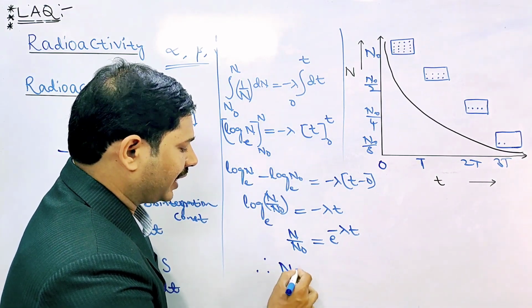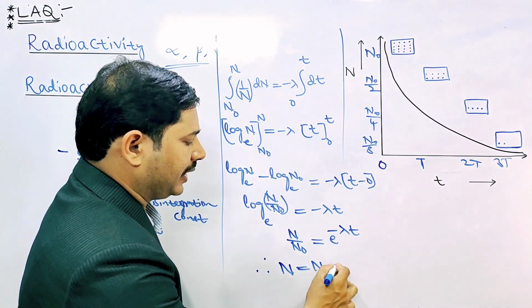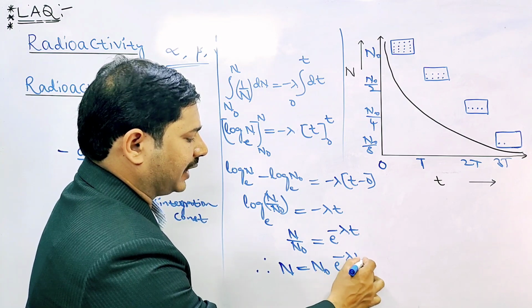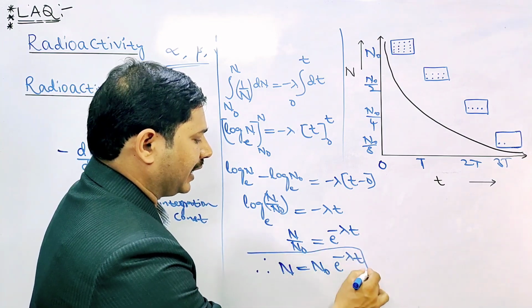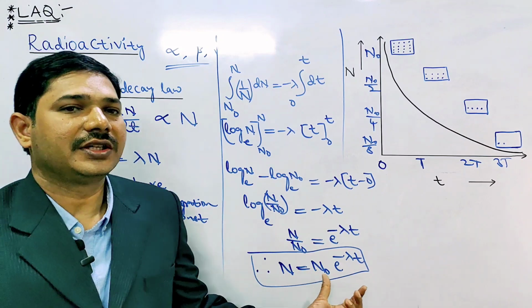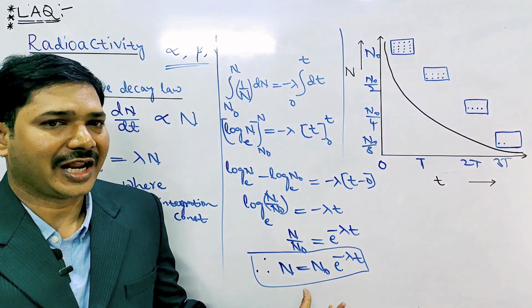Therefore N is equal to N naught e power minus lambda t. This is the radioactive decay law formula.